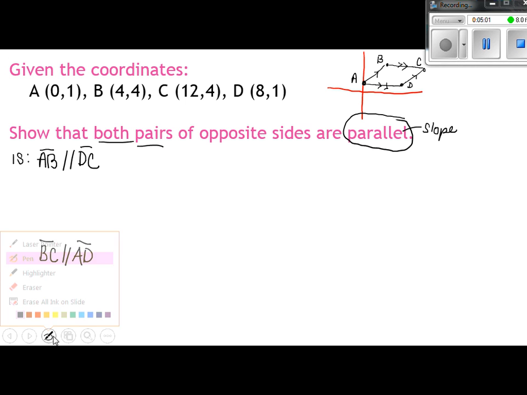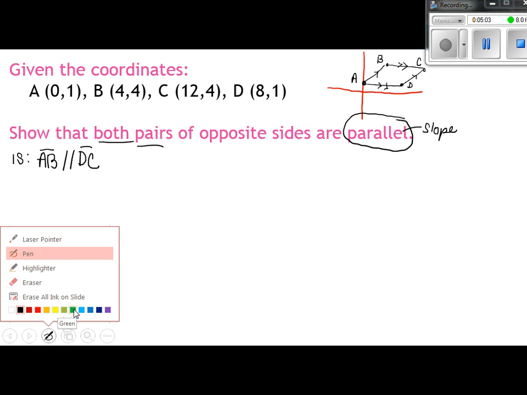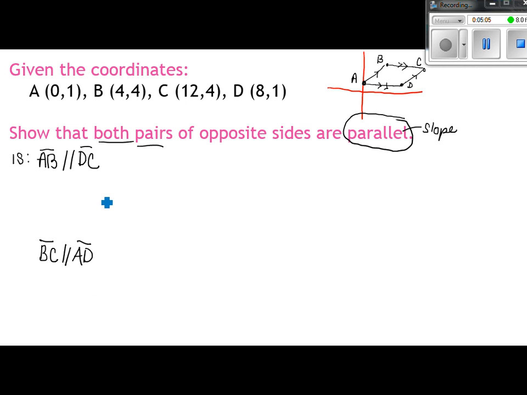All right, so let's go ahead and do the slope formula here and figure out if AB is in fact parallel to DC. I need to find the slope of both of these sides. So let's start with AB. I need to know the slope of AB. Remember, A is 0, 1, and B is 4, 4.